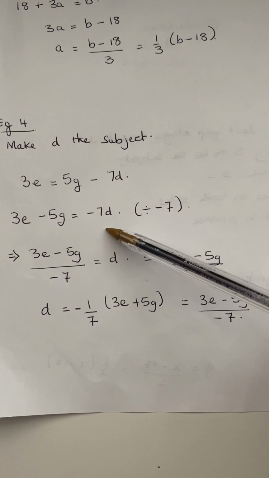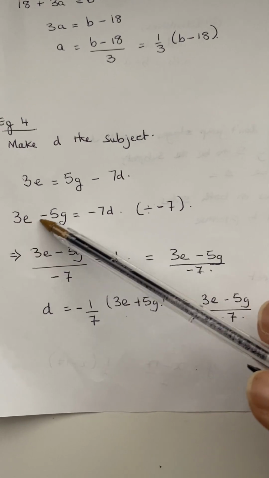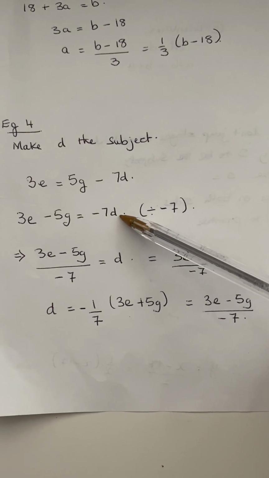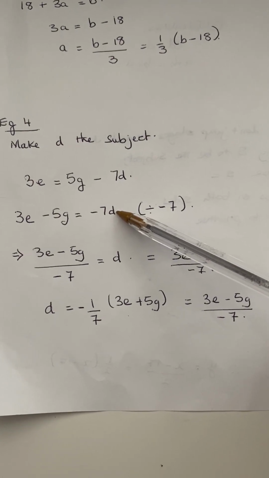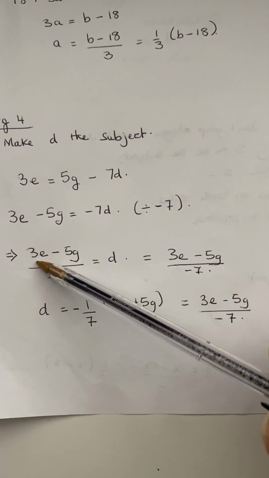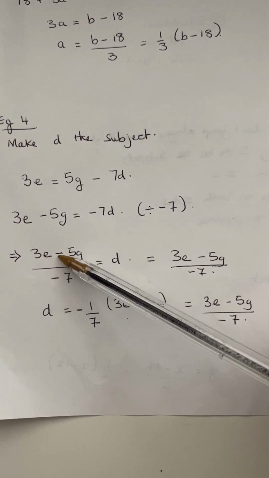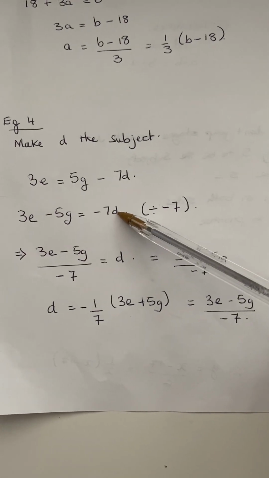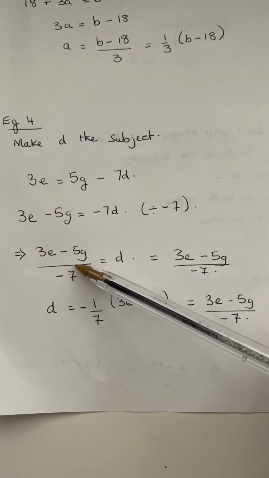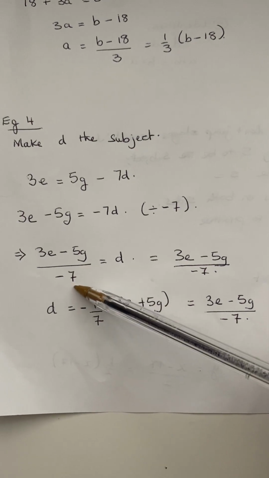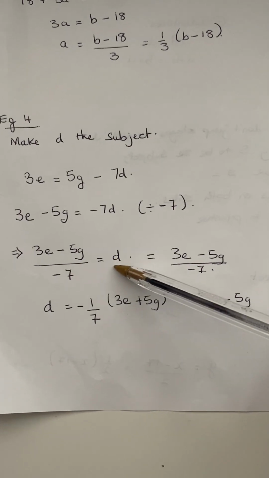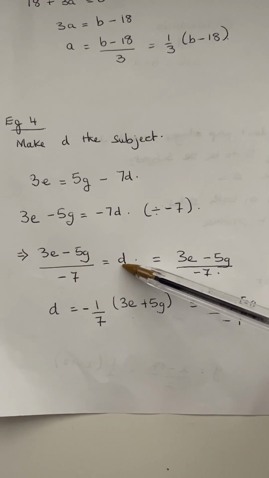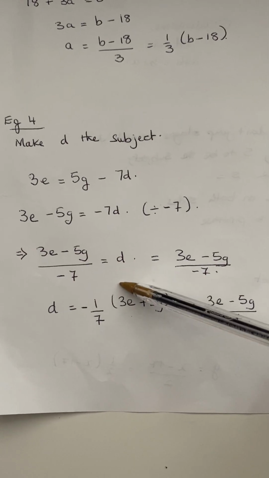Now I have 3e minus 5g equals minus 7d. Now this is minus 7d, so I can divide by minus 7 and divide this side also by minus 7.